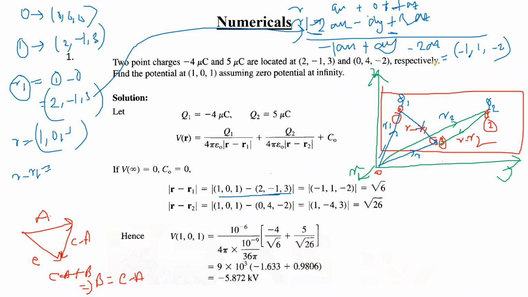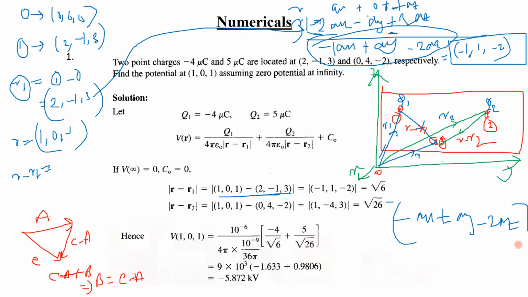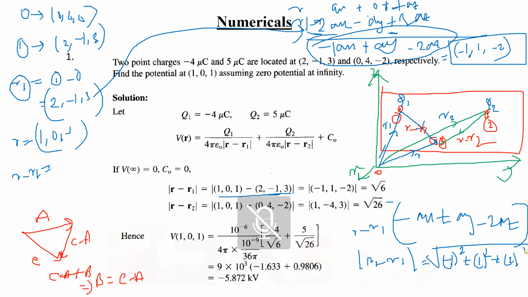So you are getting minus 1, 1, minus 2. This is the vector r minus r1: minus unit vector x plus unit vector y minus 2 unit vector z. So what is the mod value? The mod value will be root over of minus 1 whole square plus 1 whole square plus 2 whole square.